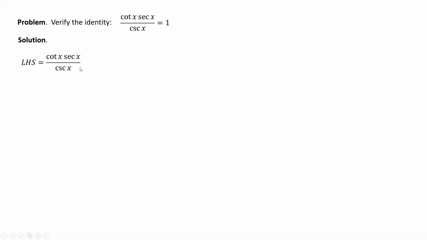And always keep in mind, as you are simplifying this, your objective is to get the right-hand side. Okay? So always keep that in mind. That was one of the instructions from my brother. Always keep track of the other side. Keep in mind what it is. Okay. Cotangent x secant x over cosecant x.